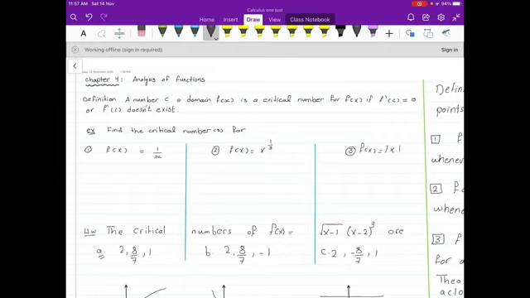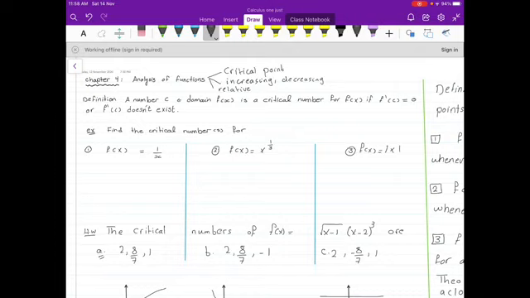In this lecture, we will define what we mean by a critical point, and also we will define what we mean by increasing, decreasing function, and also what we mean by relative extremum, that means max or min.